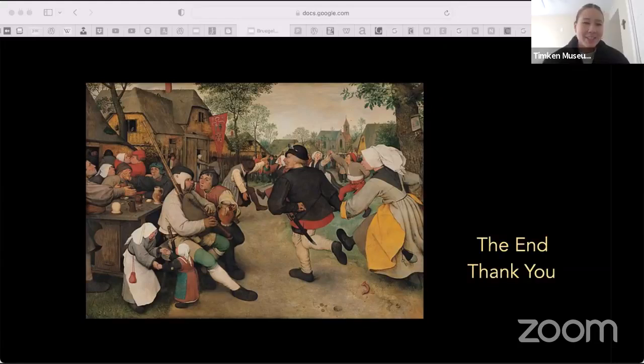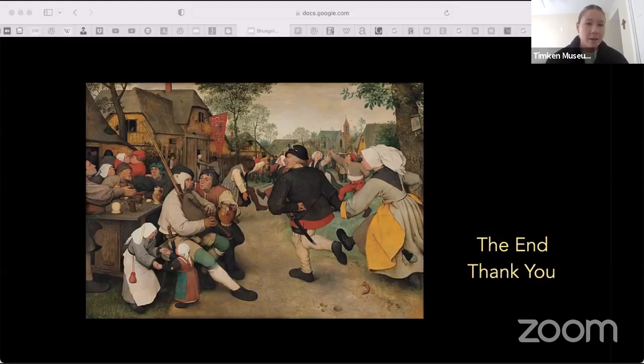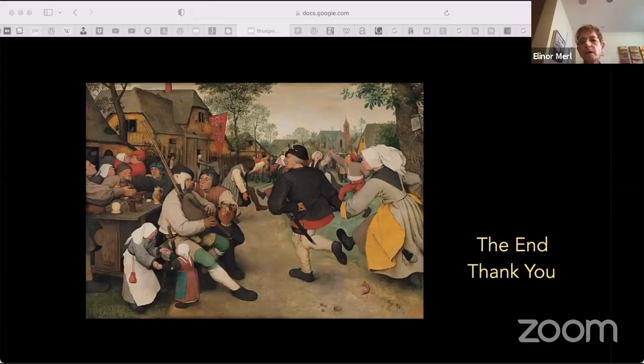Eleanor, I actually wanted to ask, because we spent a lot of time working on this presentation, if you happen to know if Bruegel's descendants and family had a similar painting style. I know not all of them did, but the two sons who were very young when Bruegel died, Jan the Elder and Peter Bruegel the Younger, they both did many copies of his works.